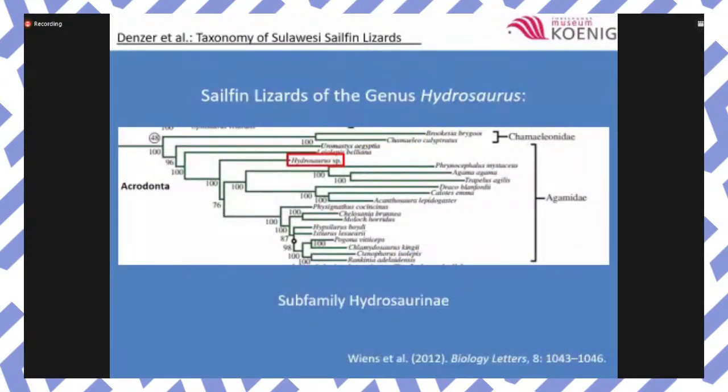In this phylogeny from 2012, we see that sailfin lizards, Hydrosaurus, form a separate subfamily, the Hydrosaurinae, and are rather basal within all agamid lizards. By the way, they are the largest agamid lizards, reaching a total length of about 1 meter.